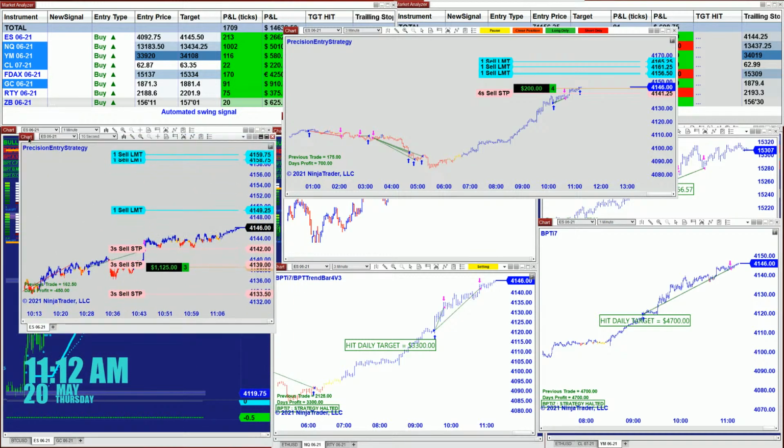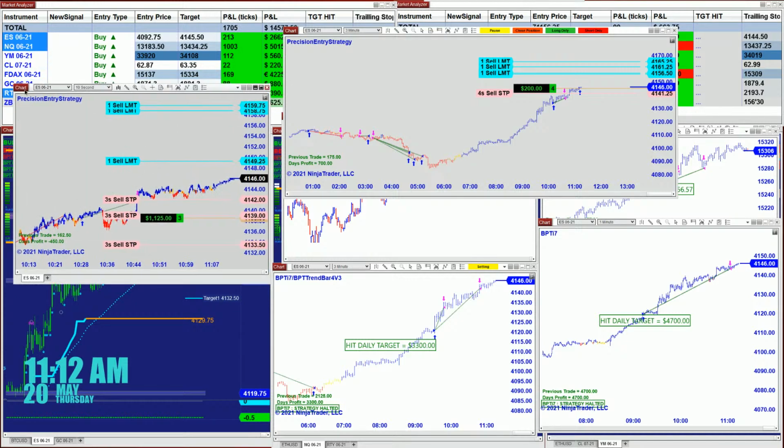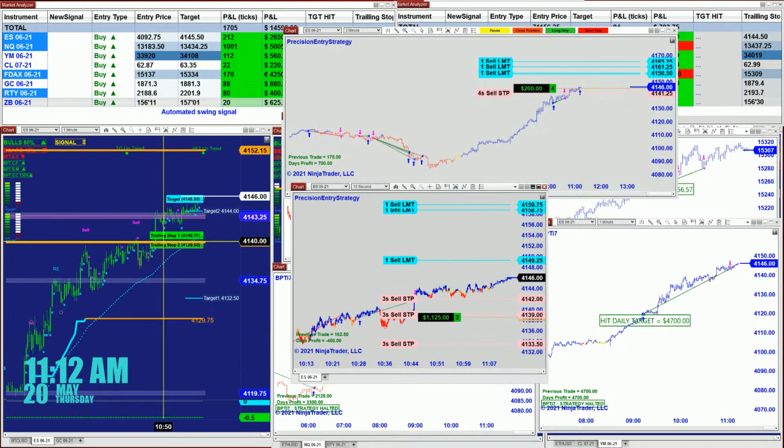But this one here, on the 10-second, the auto trade took an early trade, and it was a breakeven. This one here is a safe trade, because it took it much earlier, at 41.39. 41.39 is right here. It was valid.